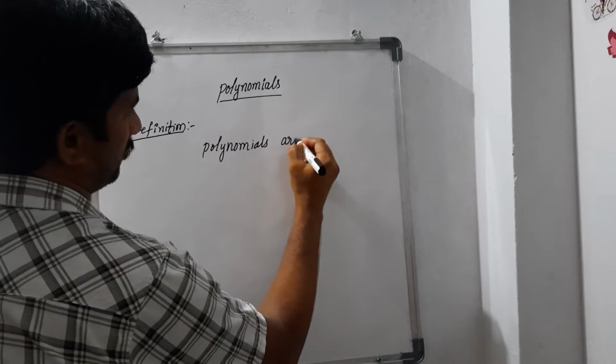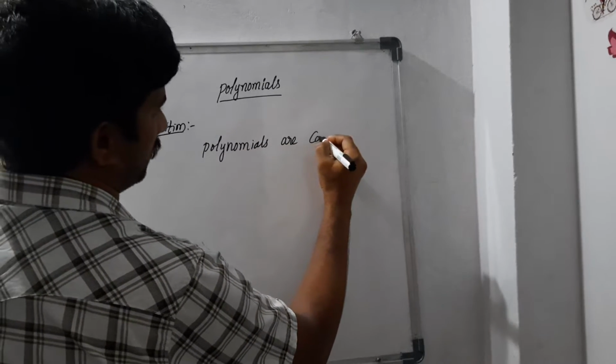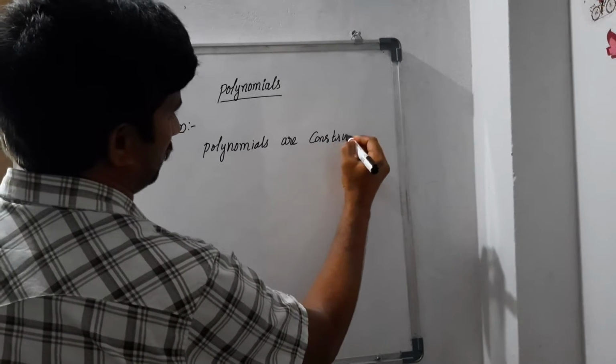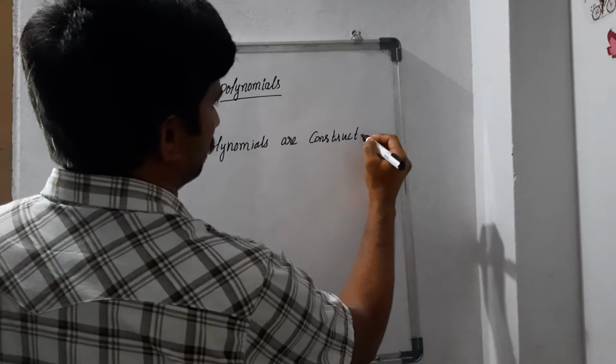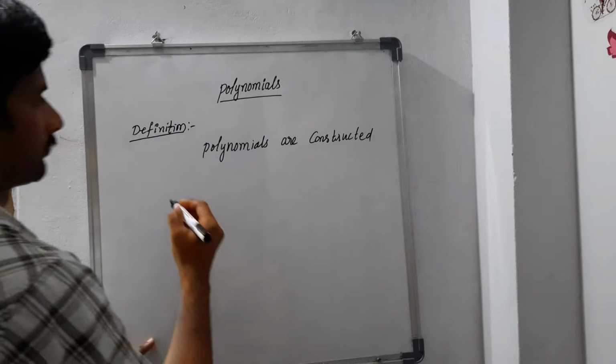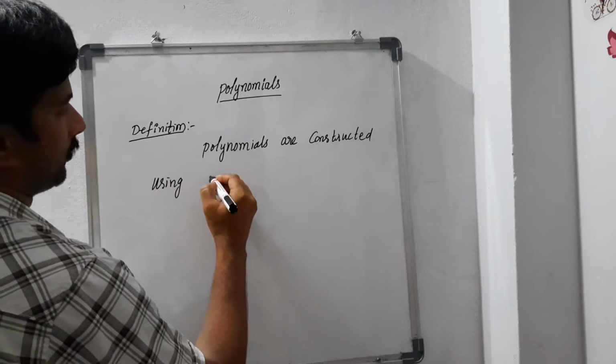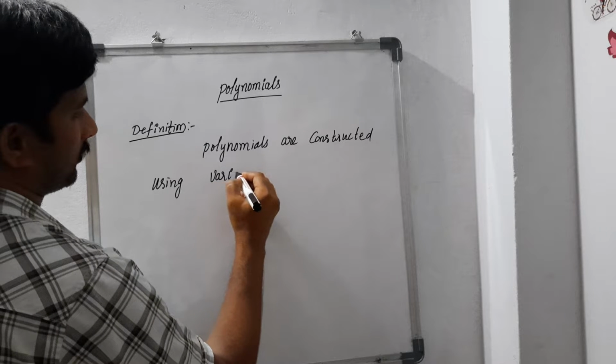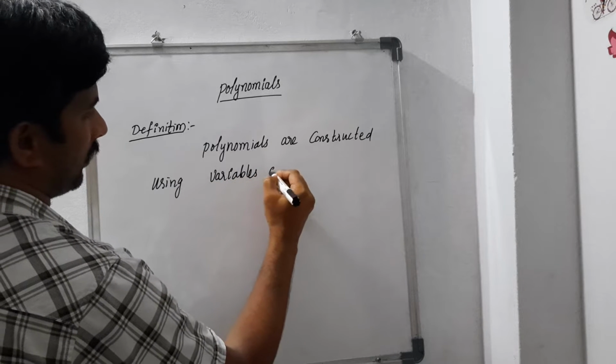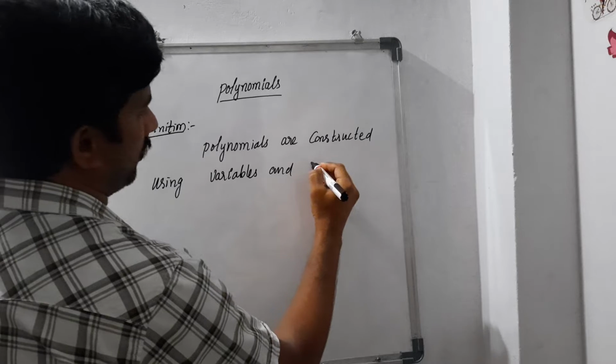Polynomials are constructed using variables and constants.